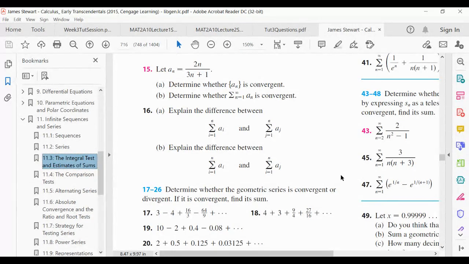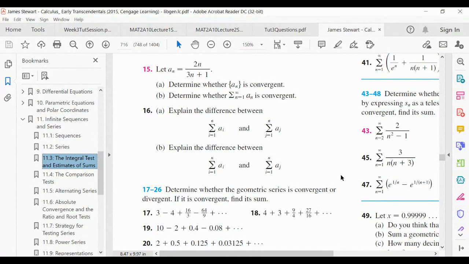So we presumably have a sequence a_1, a_2, a_3 up to a_n. And in the first case, all they're saying is the index that numbers the elements or the points of the sequence is the letter i. In the second case, it's the letter j. So effectively, it's the same thing.